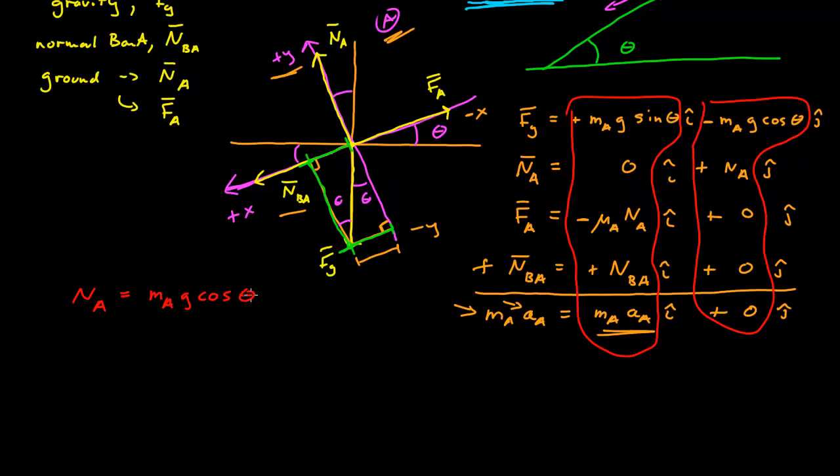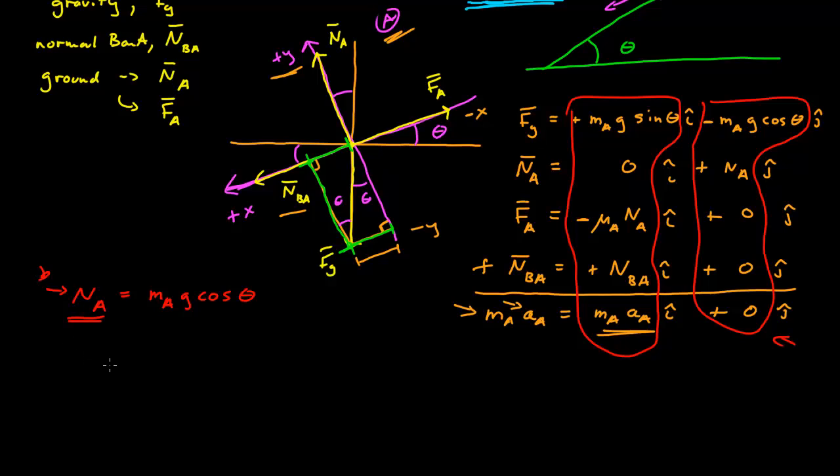So you can see how important the notation is. I need to be able to distinguish the normal force on A, the normal force of B on A, the normal force of the ground on B, all of those things. So when I look at this, I don't just see N_A, I don't just see letters. When I see this notation, I think the normal force of the ground on A. Okay, so that's the relationship I get from summing the y components.